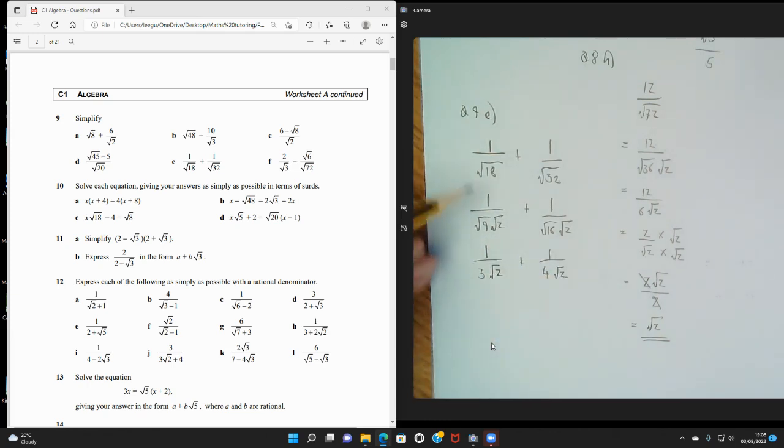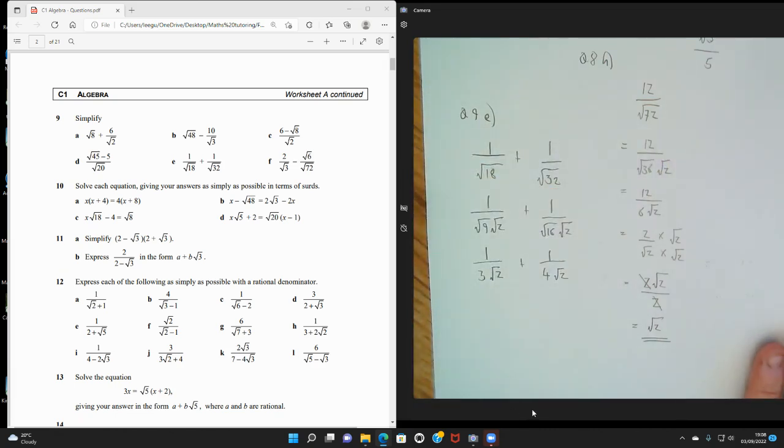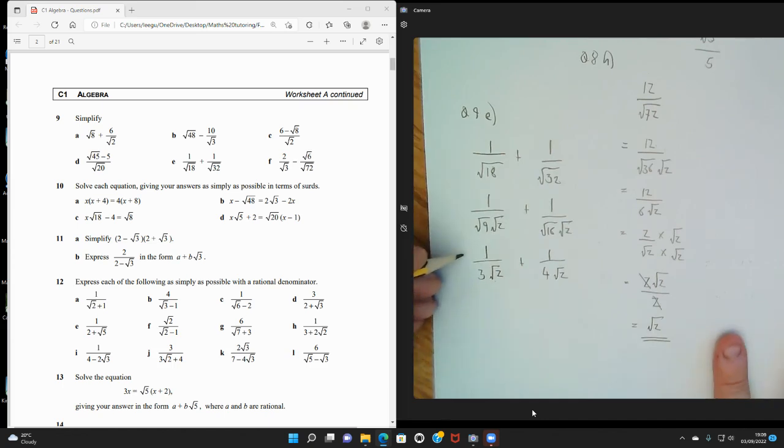So I've now, as I recommended to you in the previous example, simplified the surds before I do the multiplication. I've still got the surd here, I need to rationalize these two. So I'm going to multiply the numerator and denominator of this one by root 2, because that's the surd there.